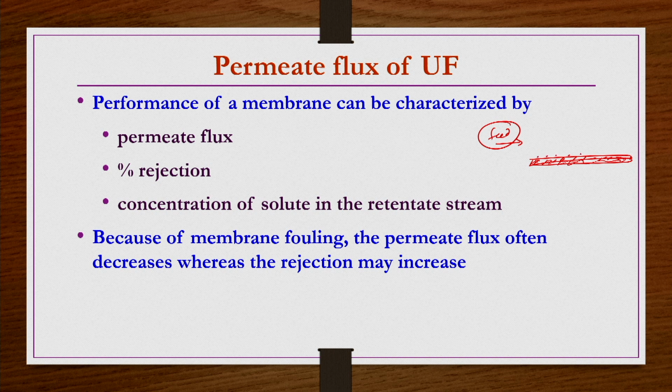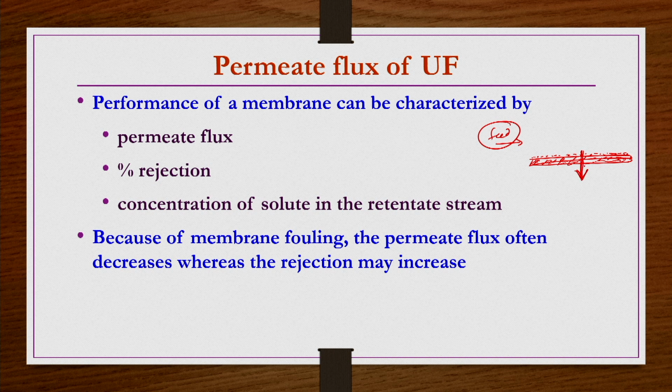Some of the particles will be deposited on the layer, and then they form a very thin gel kind of layer here, right? Very thin gel kind of layer would be there. So, because of that layer, additional resistance to the flow of permeate to pass through this membrane would be there.